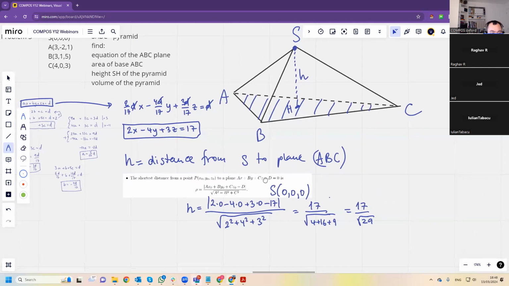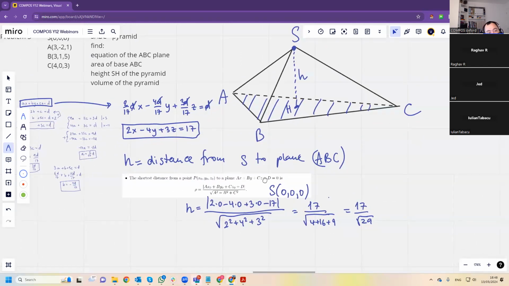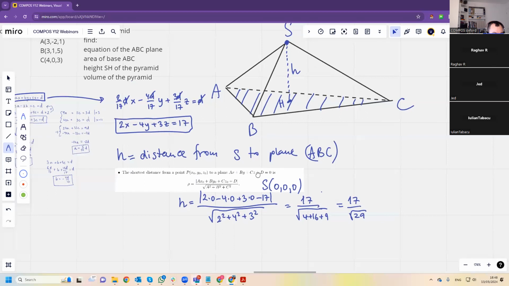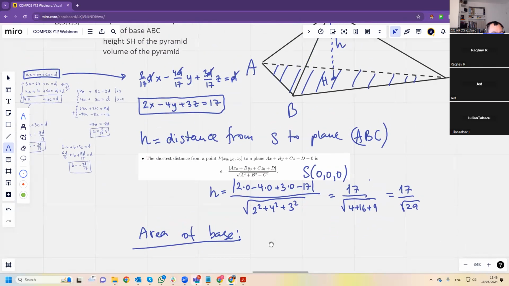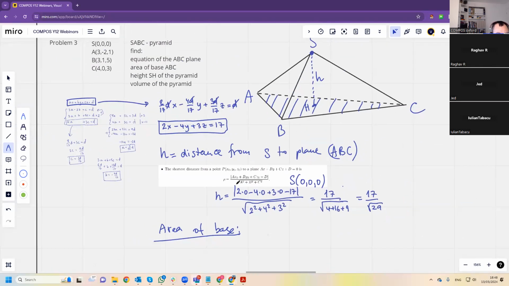Now, area of the base. Well, there are different ways you can find the area of the base. You can find vector AB, which is 0, 3, 4.